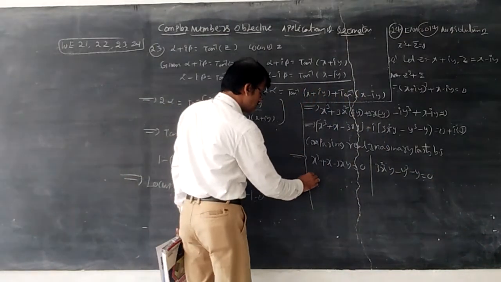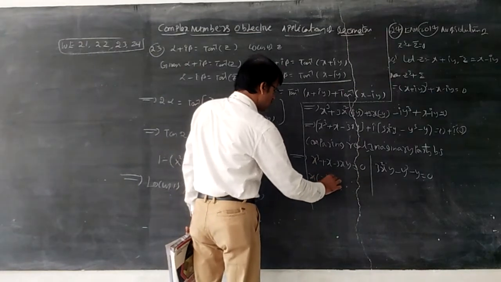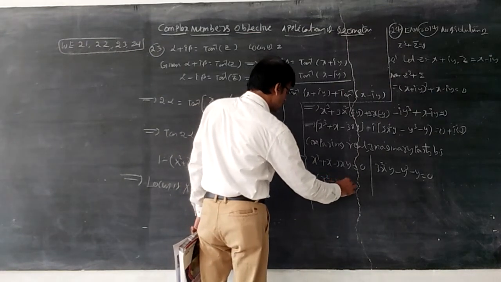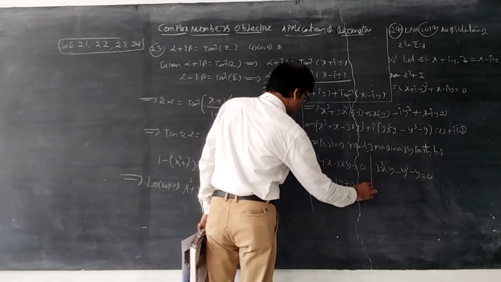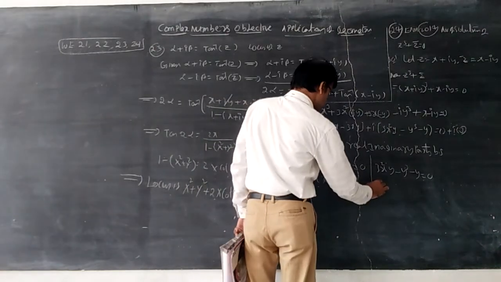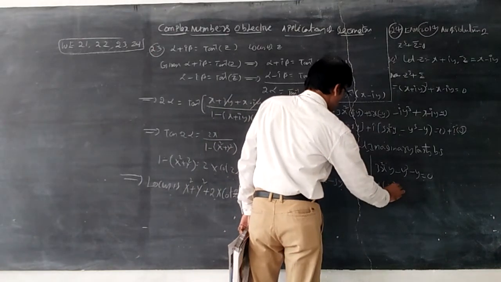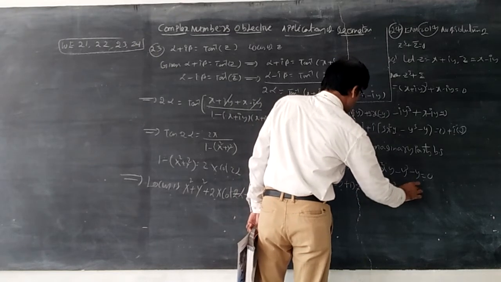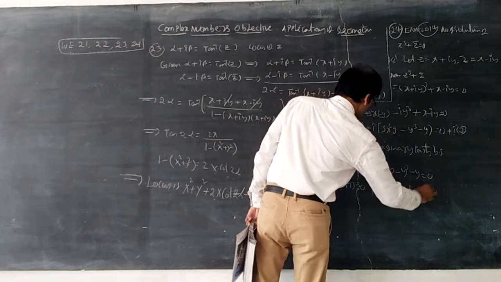Now x you can take common here. You can write x times (x square minus 3y square plus 1) equal to 0. Next here y you take common. Write y times (3x square minus y square minus 1) equal to 0.